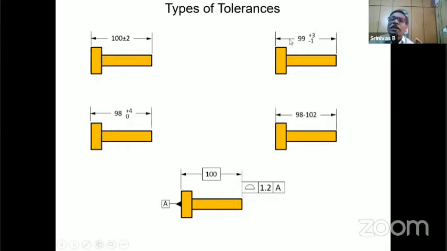It is asymmetrical tolerance. Now, see all the participants. This tolerance is only on one side. Right now it is on the positive side. It could have been on the negative side. Am I right? In that case, it is called unilateral tolerance. Uni means one side. So the tolerance is there only on one side.